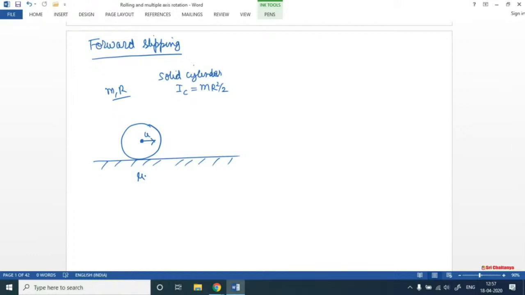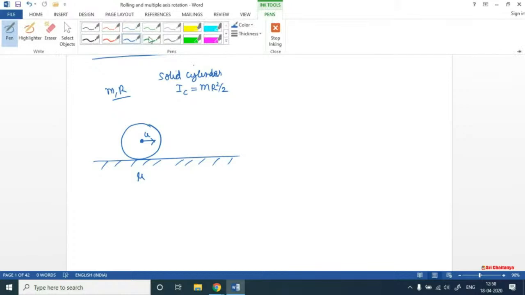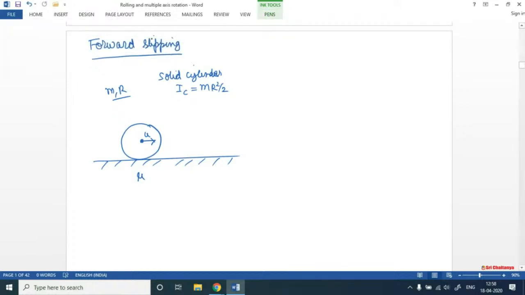So first of all, we have to understand what kind of slipping it is. If it is slipping, there would be friction at the point of contact, and that friction will be producing some angular acceleration and acceleration, etc. So how are we going to approach this problem? Now you see, before drawing the free body diagram, let's understand this situation.